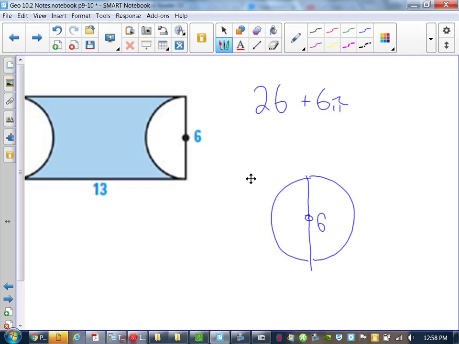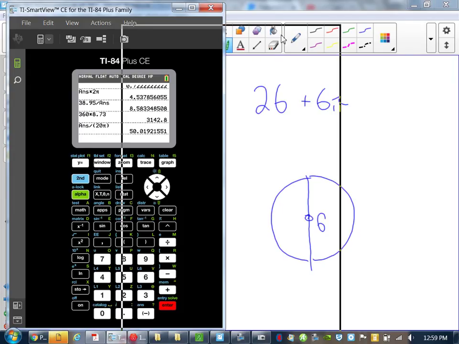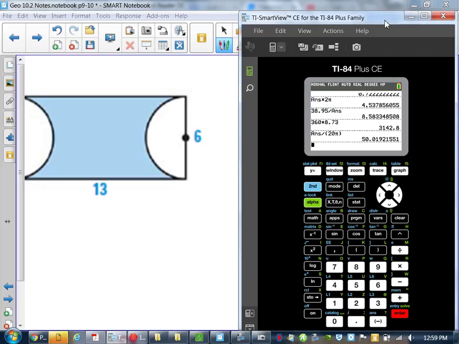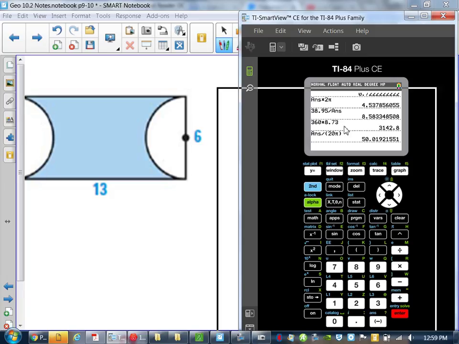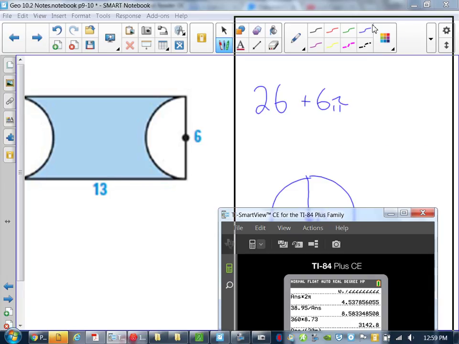If I had to round that to the nearest foot, I'd have to use my calculator, which means you press some buttons and remember how to round that. Get it? Get it, round the circle? It's 26 and 6 pi.